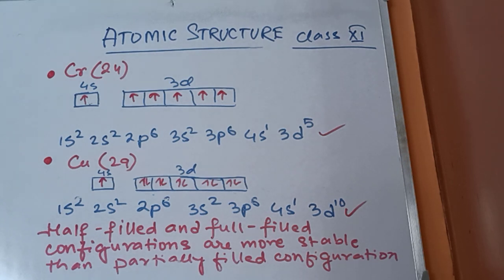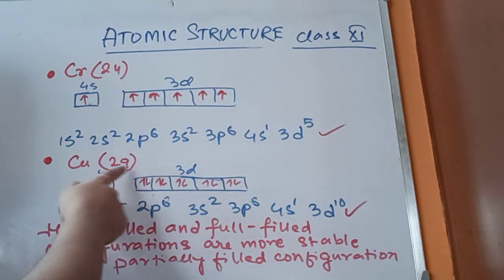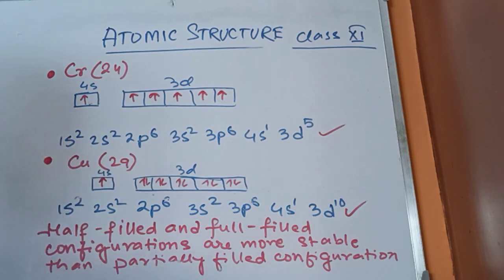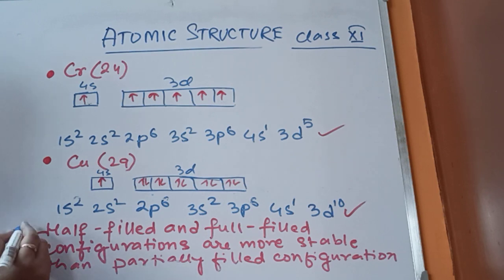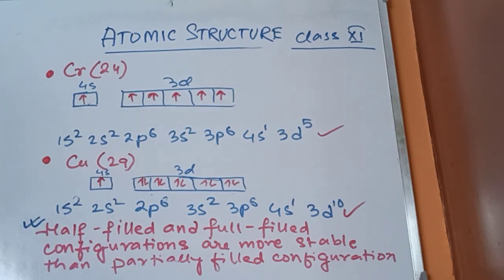This configuration is symmetrical, as well as the exchange can be done by 10 electrons instead of 9 electrons. That's why these two are the exceptional configurations, and this line is extremely important, that half filled configuration and full filled configurations are more stable than partially filled configurations.